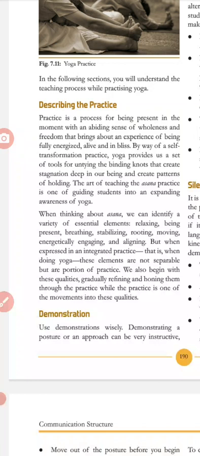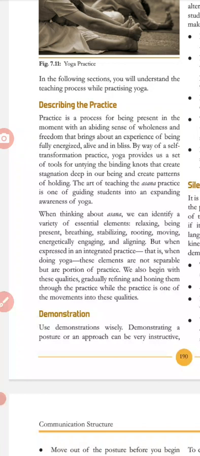The art of teaching the asana practice is one of guiding students into an expanding awareness of yoga. When thinking about asana, we can identify a variety of essential elements: relaxing, being present, breathing, stabilizing, rooting, moving, energetically engaging, and aligning.